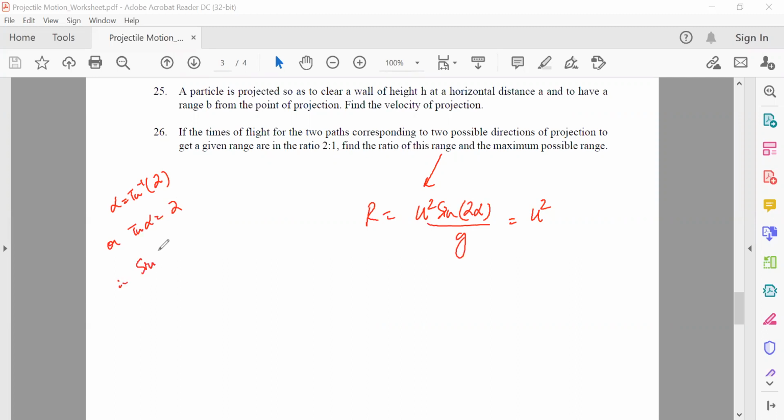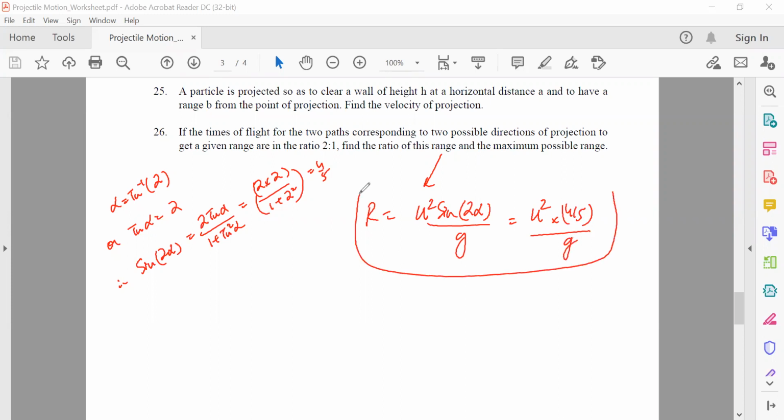Therefore, sine 2 alpha will be 2 tan alpha divided by 1 plus tan square alpha. So that is 2 into 2 divided by 1 plus 2 square. So that's 4 by 5. Okay. So this is this divided by g. So this particular range is this much.